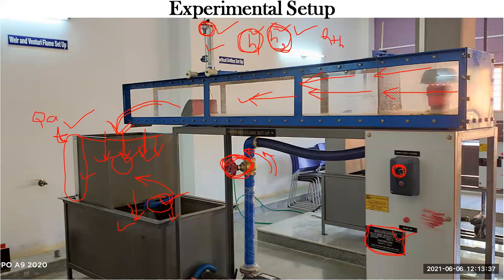That is, coefficient of discharge is equal to the ratio of actual discharge to the theoretical discharge, Q actual to Q theoretical. Using this, you will get the coefficient of discharge through a Venturi flume.